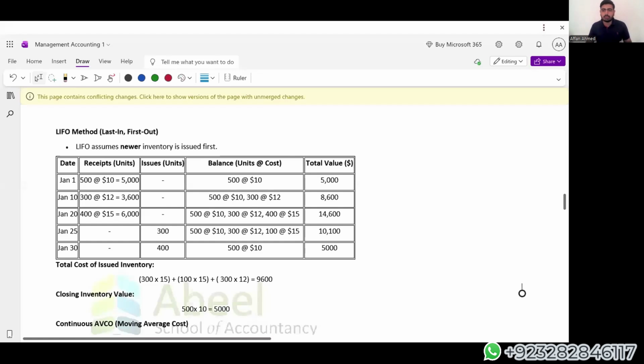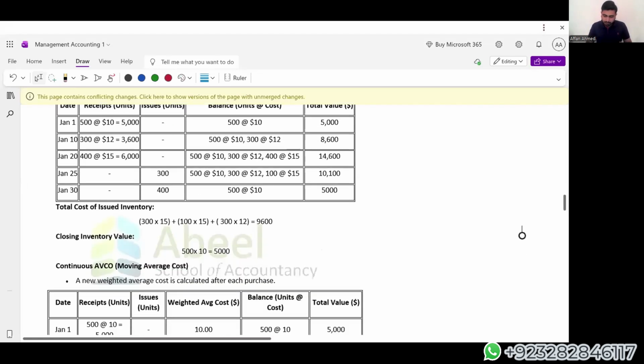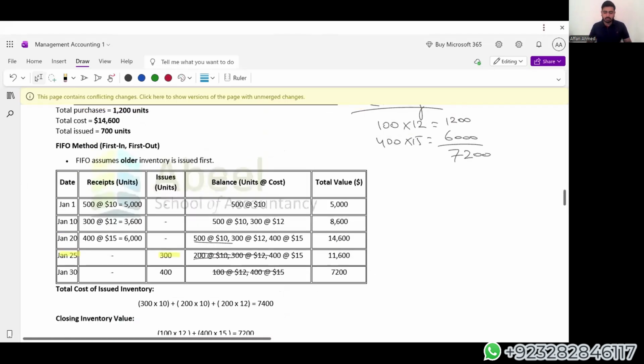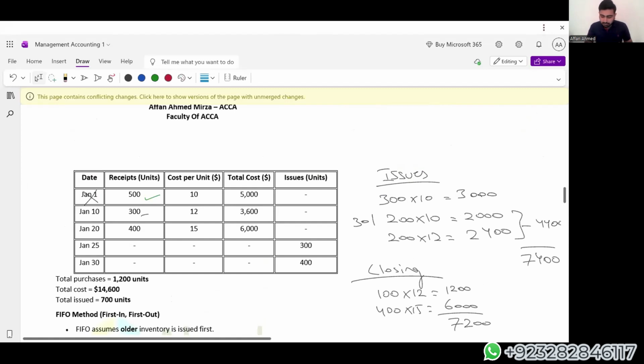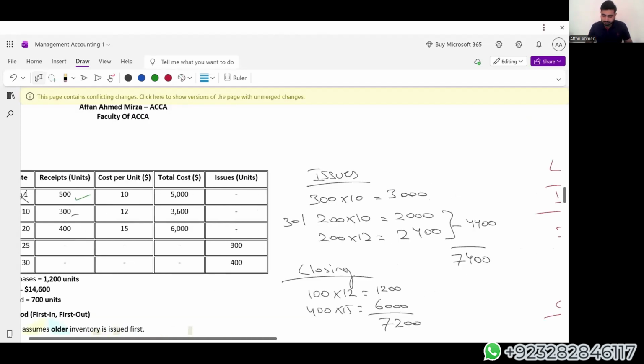Okay, let's continue with the question for AVCO. Now for AVCO, we have to do what? We have to take out our average for each step. So how are we going to get that? First of all, we have bought 500 units, so 10 is the average cost at the first stage. Now for the second stage, we have a total purchase cost of 8,600.